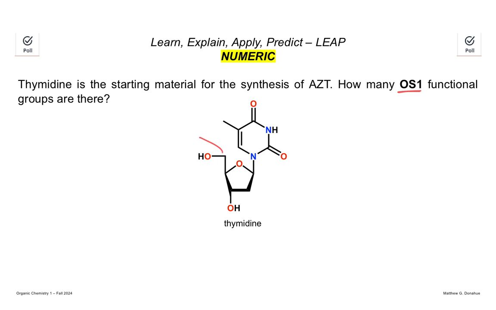So this carbon, primary alcohol. That carbon is part of an ether. Secondary alcohol. Probably the weird one is this one right here. It's a carbon-nitrogen sigma bond, and it's part of an enamine functional group. So total, we would say there's 4.